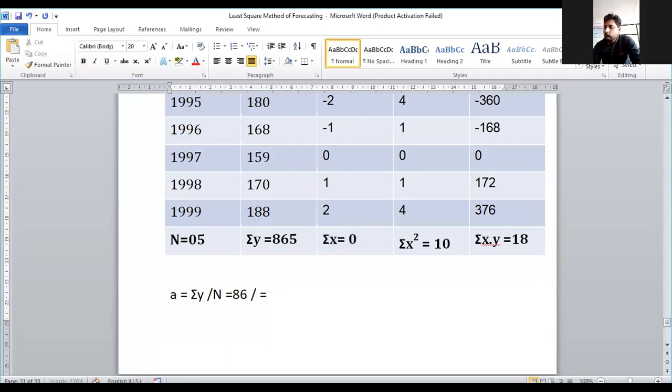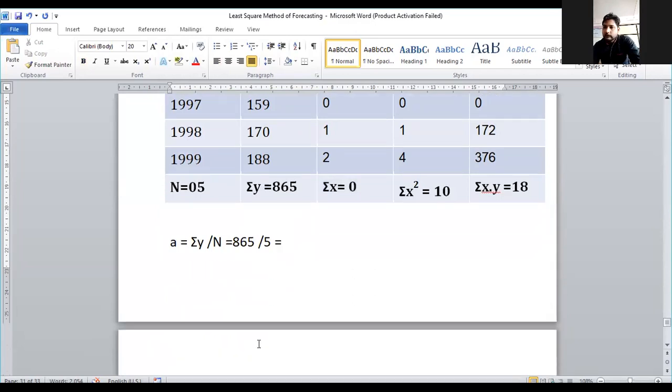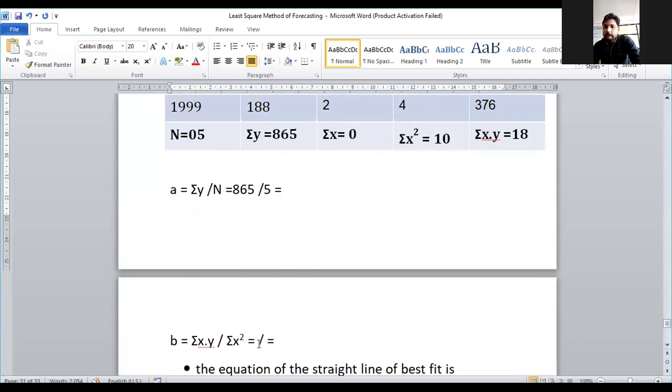Now summation of y is 865 and n is nothing but 5. Okay, only 5, not 0.5. So calculate the a value in a similar fashion. Okay, 173. a is equal to 173.